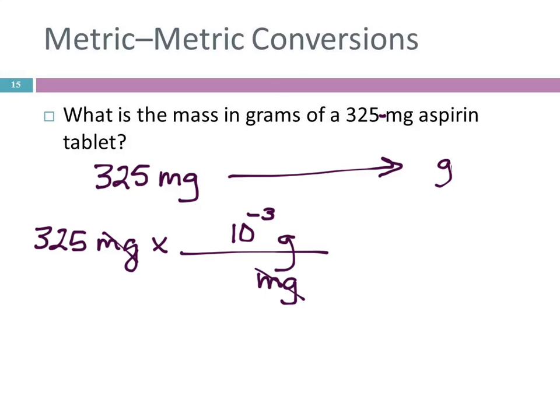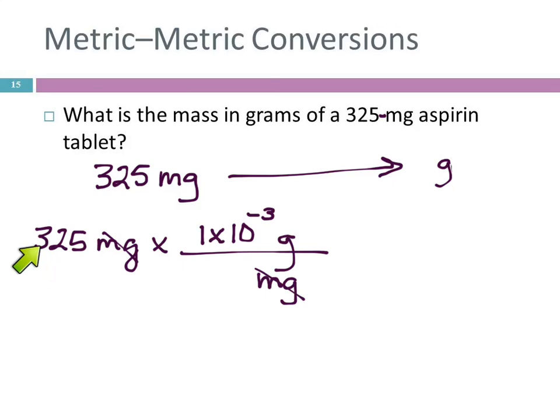Now you might look at that 10 to the minus 3 and say, how do I put that into my calculator? If I multiply that by 1, does it change the value of anything? No. What does that look like now? Scientific notation. Do we know how to do that on our calculators? We should.